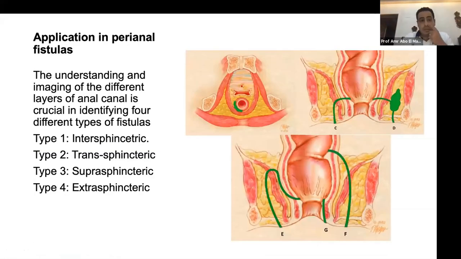Why do we do this? Because of the application in perianal fistula, I have to distinguish between intersphincteric, transsphincteric, suprasphincteric or extrasphincteric anal fistula. I have to tell the surgeon which type of perianal fistula I saw.